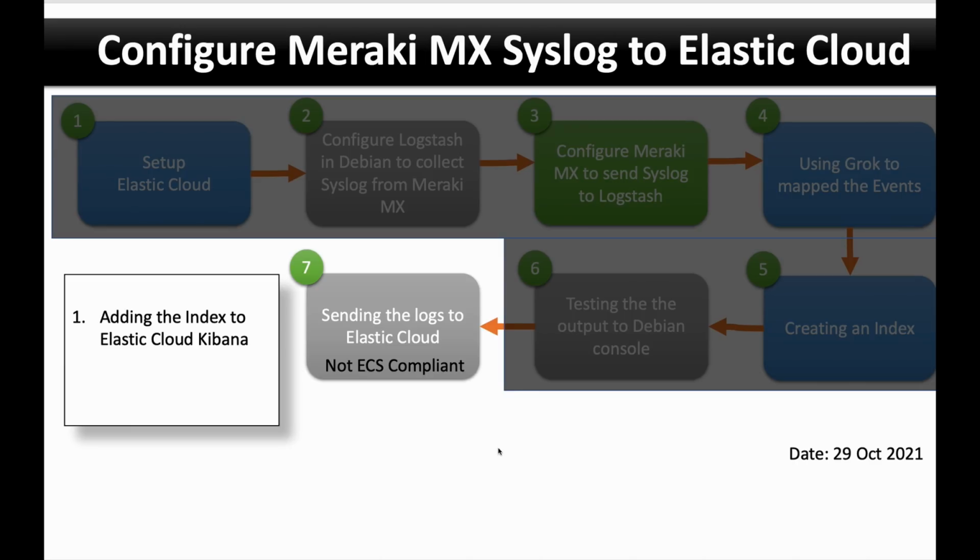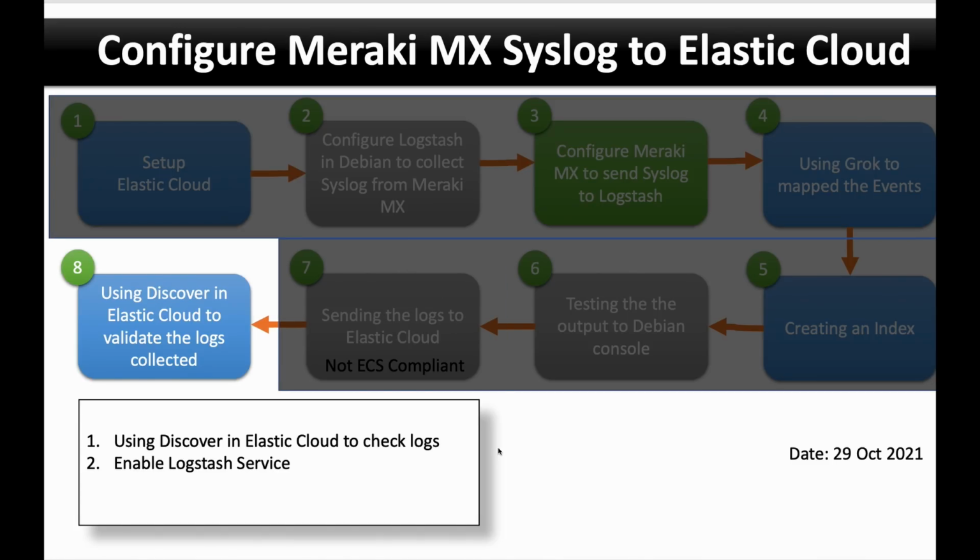Then I'll show you how to create an index in Kibana, in Elastic Cloud itself. And last but not least, we'll use Discover to check the logs that are being sent in, and at the same time enable the Logstash service so we can automate the sending of logs to Elastic Cloud. So now let's hop over to the console.